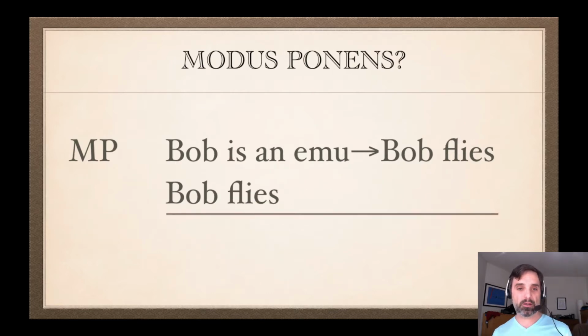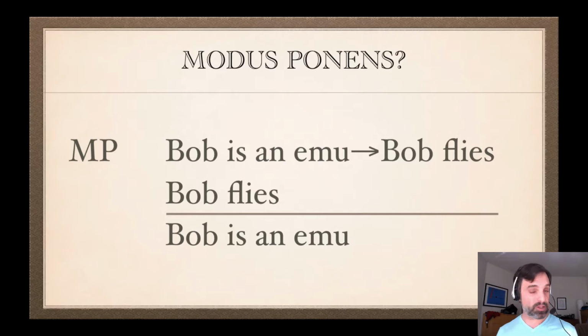Now let's consider a slightly different argument. Here we say, if Bob is an emu, then Bob flies, and our second premise is Bob flies. Now consider the conclusion, Bob is an emu. Does that follow from the premises? No, it doesn't follow. It might be true that Bob is an emu, but it might not be. He might be some other sort of bird, or a plane, or who knows what.